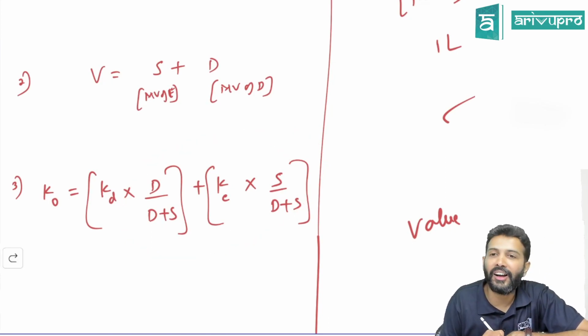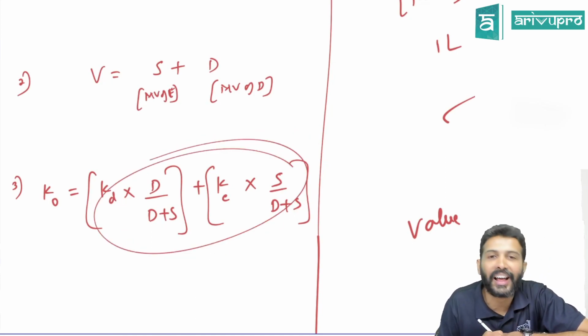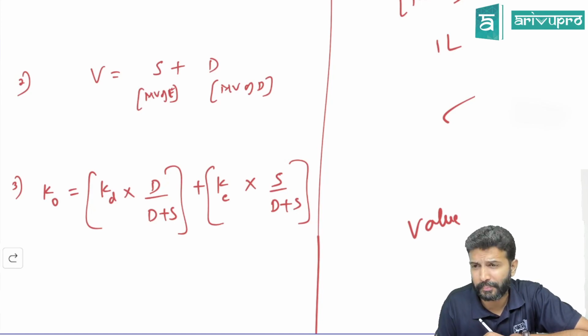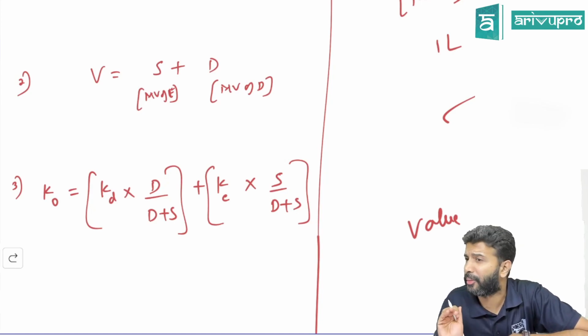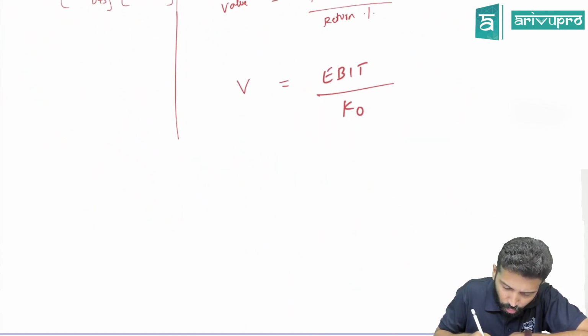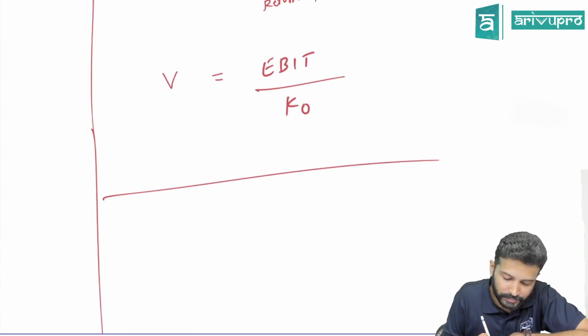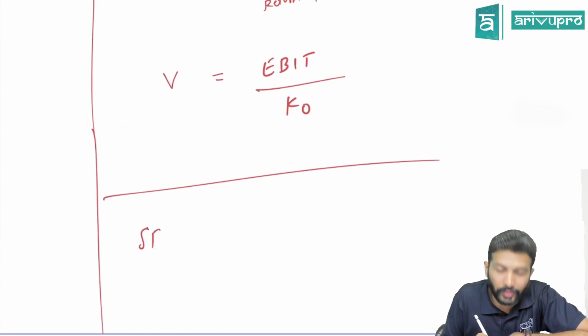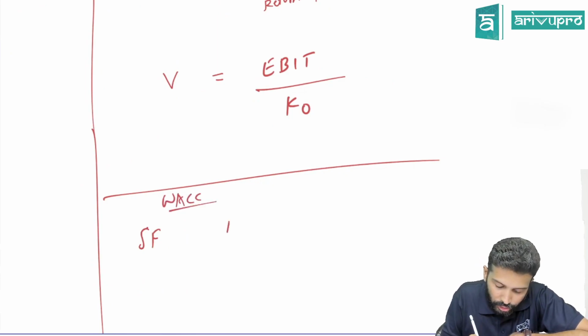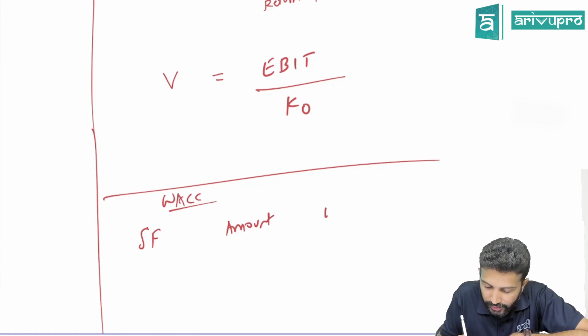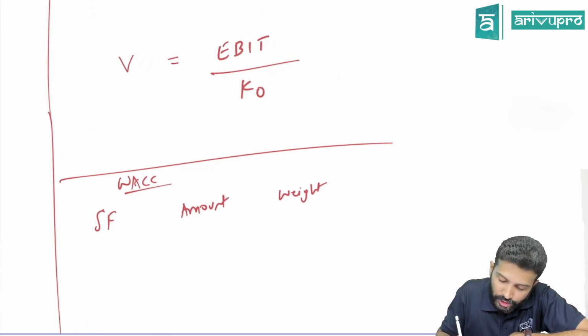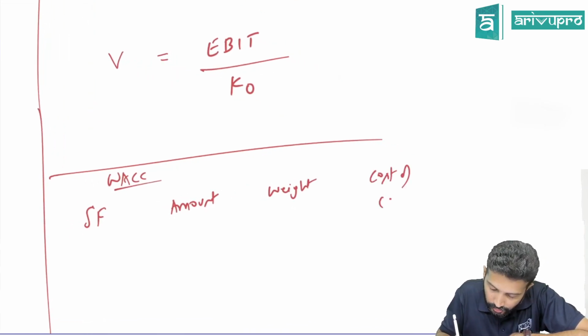It is nothing but your weighted average cost of capital table that they have expressed in alphabets. What are the columns? First is source of finance. Then you used to calculate amount. Then weights. Then you used to consider cost of capital.